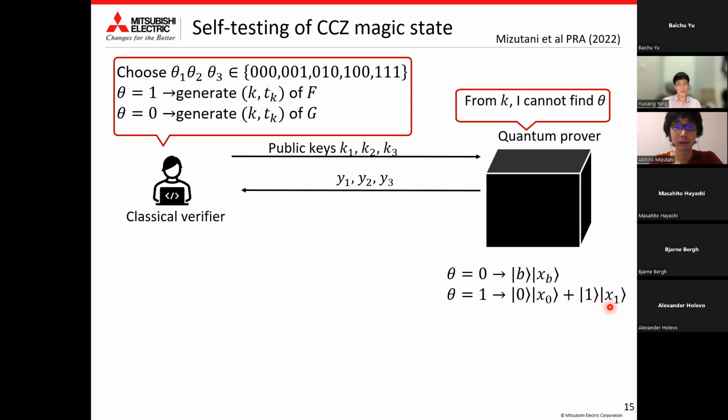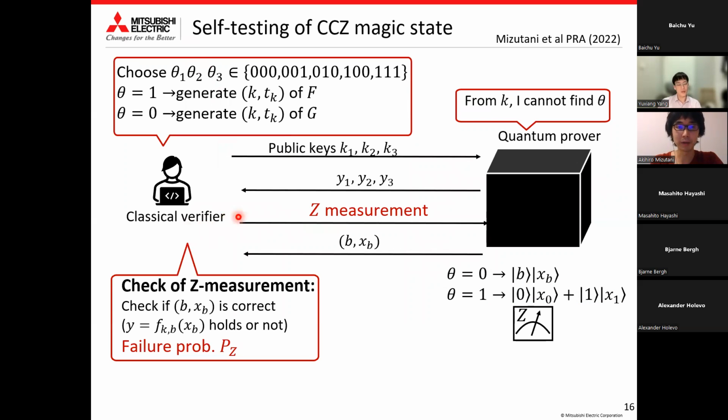Okay. So after the prover generates this state, the verifier requests the prover to perform the Z basis measurement. The prover measures the first and second register in the Z basis, computational basis, and returns the outcomes to the verifier. So the outcomes are B and XB, and the verifier performs the check.